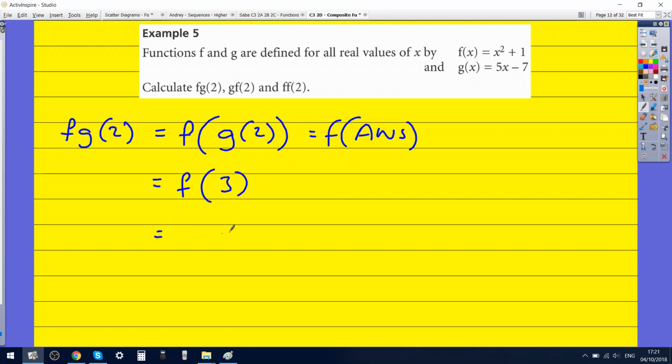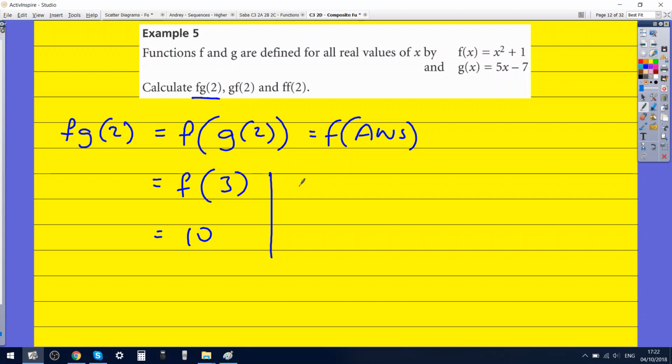And what is the F of 3? 10. Yeah. And so that's the FG of 2.